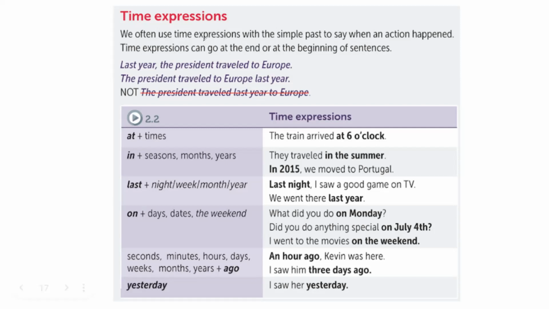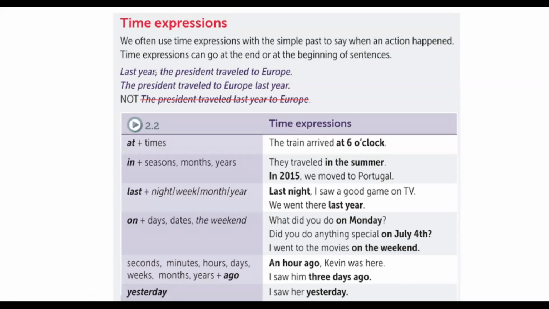Okay, no se olviden de poner una coma si van a poner su time expression al principio de su oración. Last year, the president traveled to Europe. The president traveled to Europe last year. As you can see, if we place the time expression at the end, we don't need a comma.